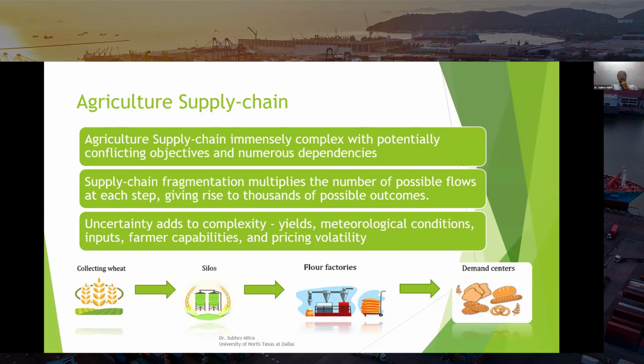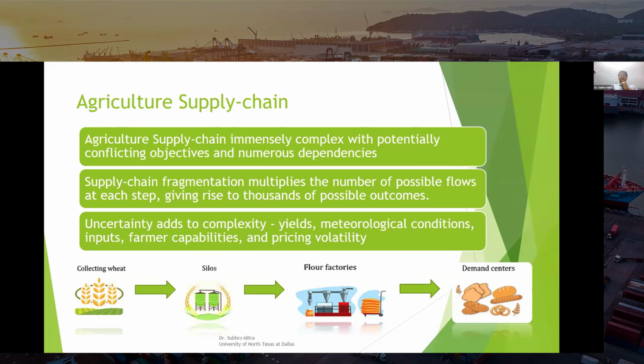Each of them has their own objective to maximize their profit. They don't have knowledge of the whole process, so they cannot really optimize their profit, which in turn impacts the overall system.